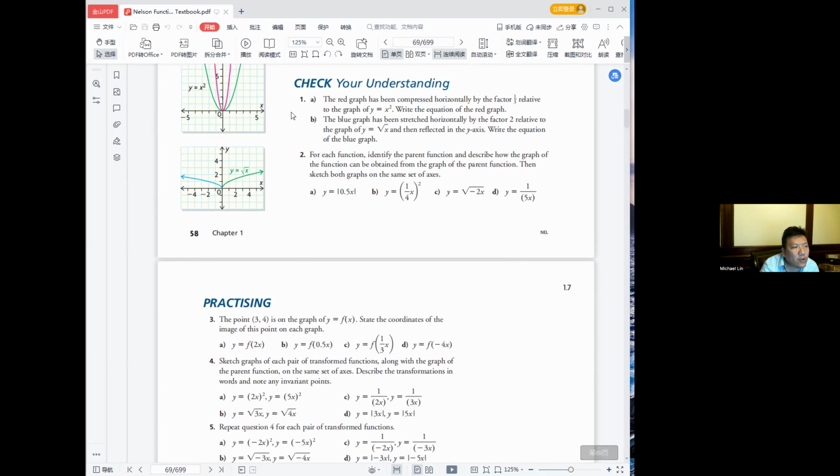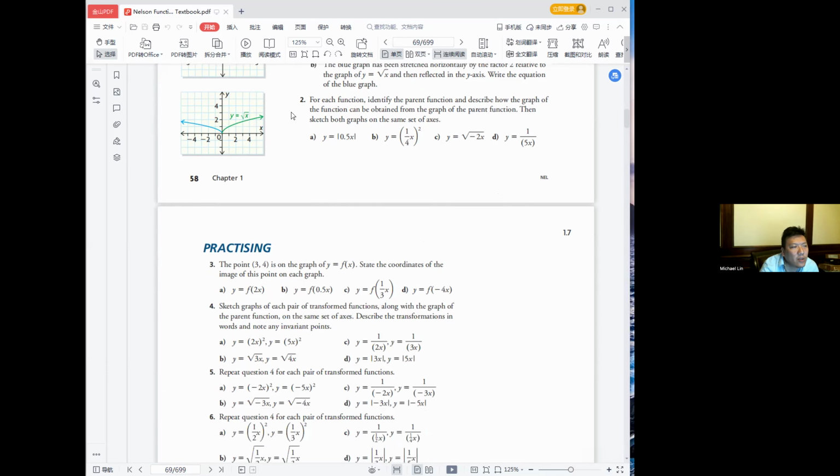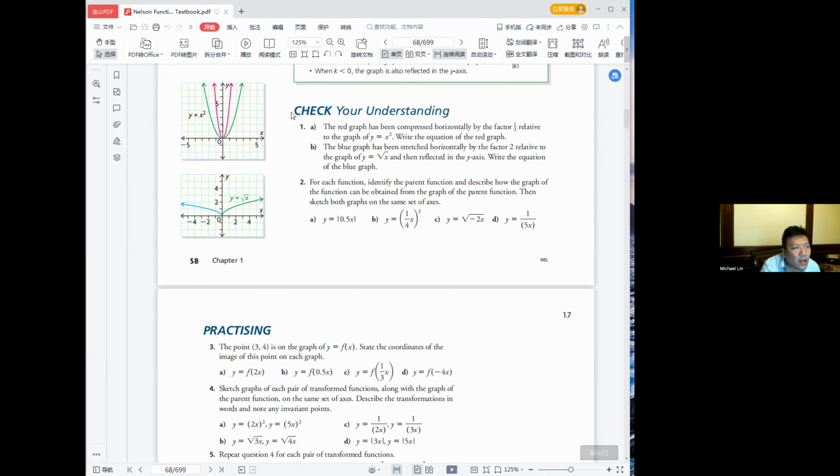And if you get good at all of these transformations, then the rest of the unit or the rest of grade 11 math is going to be a lot simpler because they talk about these transformations for a wide variety of functions. Okay. All right. So let's take a look at some examples over here.